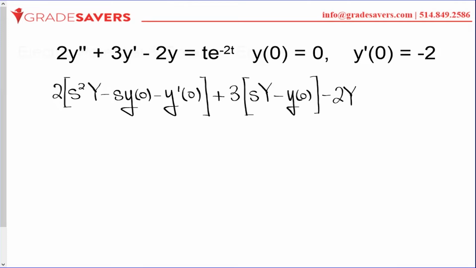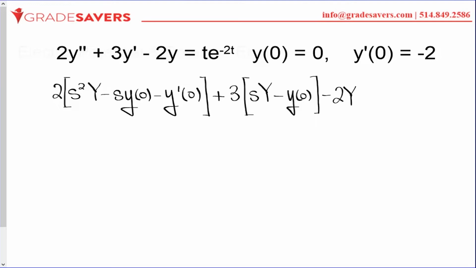You can either take the Laplace transform of t and then deal with the e afterwards, or take the Laplace transform of e to the negative 2t and deal with the t afterwards. You should know what I mean when I say deal with the t, deal with the e. These are all things that you should understand, as there are rows in the cheat sheet that explain exactly what needs to be done.